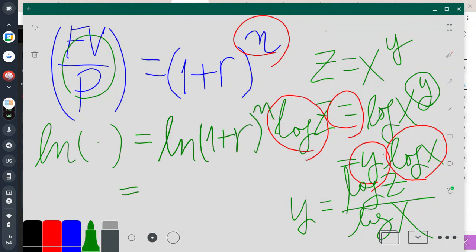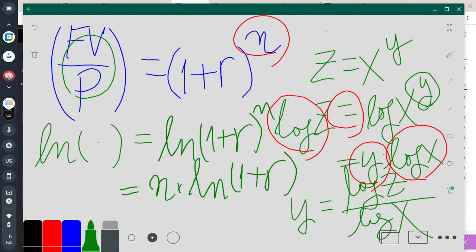And then, with this useful property, the n can be brought down like a coefficient, times natural log of 1 plus r. Voila! Now we can solve for n.